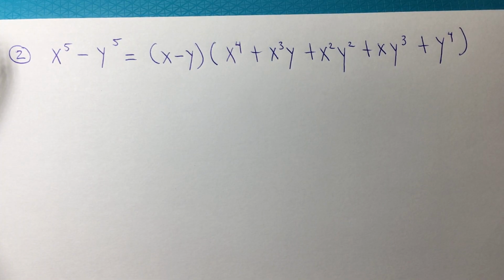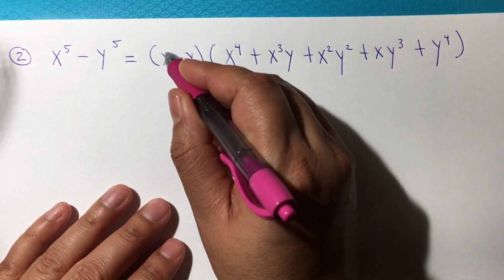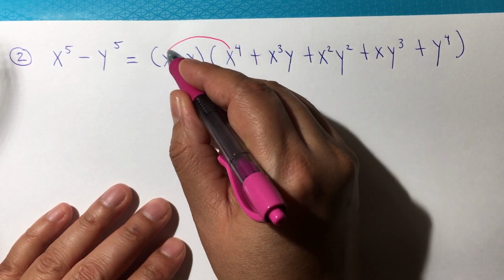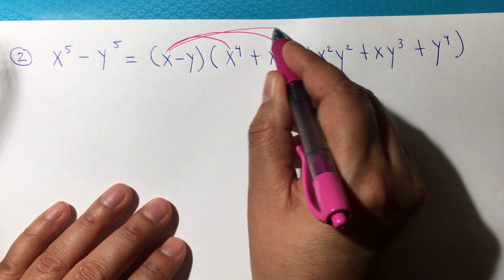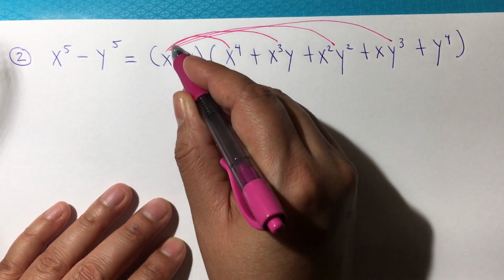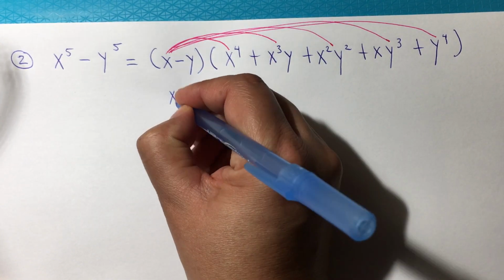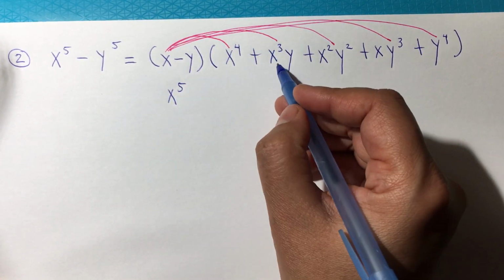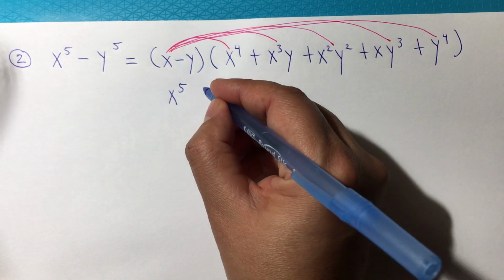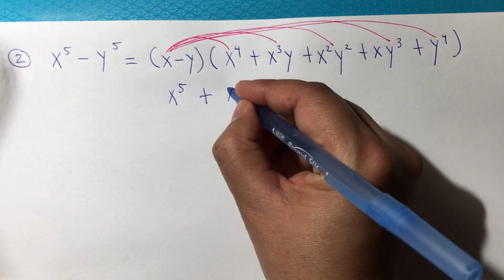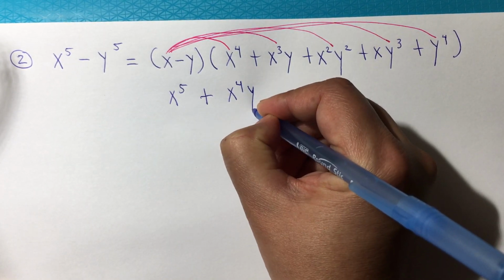Okay, number 2, we're going to do the same thing, and we just multiply the x times each one of these terms. And so x times x to the 4th is x to the 5th. X times x cubed y is x to the 4th y.